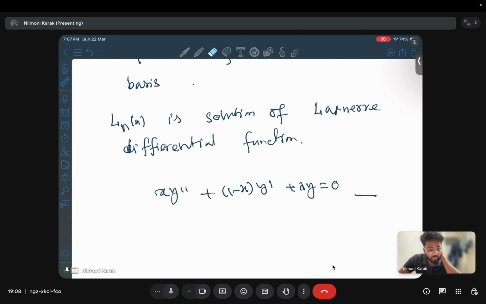We don't have two linearly independent solutions for this case. So one solution and another solution is scalar times the first solution.